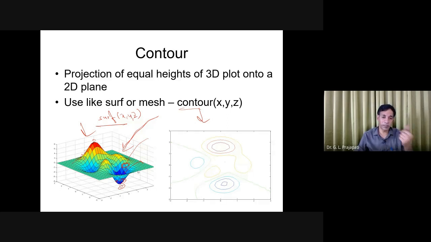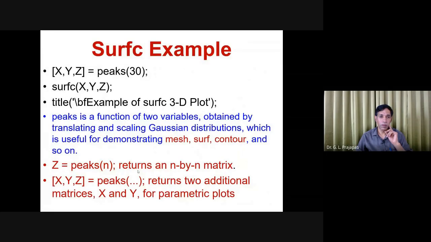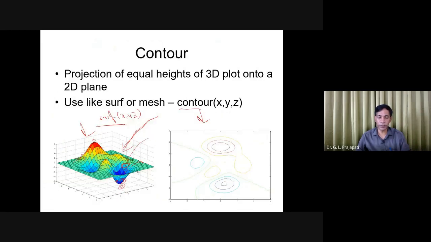Surf is used like this for seeing the scenario where you are going to search for the global maximum or global minimum. So you can use surf and surfc, and see both. Now you can combine them. Here you have surf in one graph, and this is in a different graph.